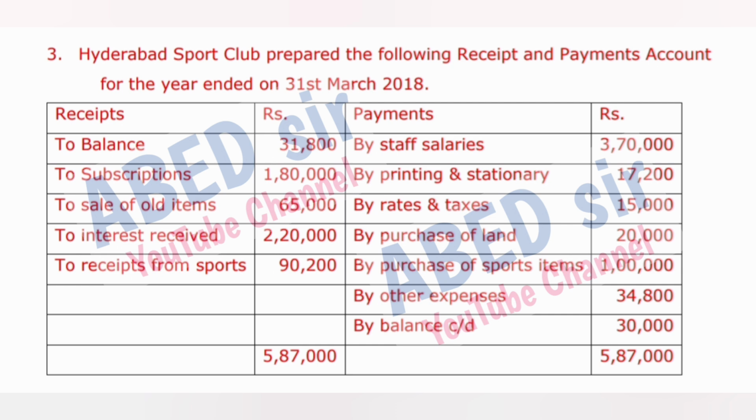Receipts: to balance b/d 31,800, to subscriptions 1,80,000, to sale of old items 65,000, to interest received 2,20,000, to receipts from sports 90,200. Payments: by staff salaries 3,70,000, by printing and stationery 17,200, by rates and taxes 15,000, by purchase of land 20,000, by purchase of sports items 1 lakh, by other expenses 34,800, by balance c/d 30,000. Total 5 lakhs 87,000 each side.